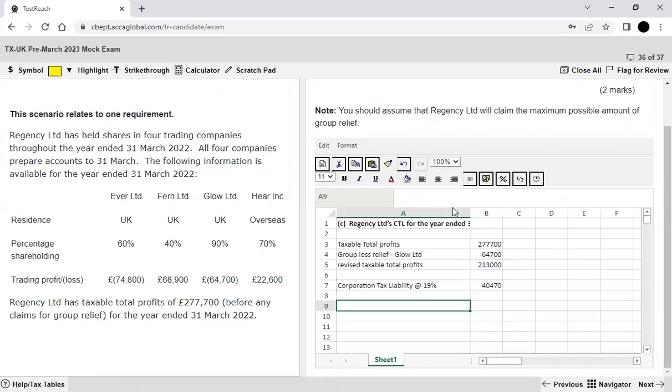A few of the important notes: Ever Limited and Fund Limited, as shareholding is less than 75%.